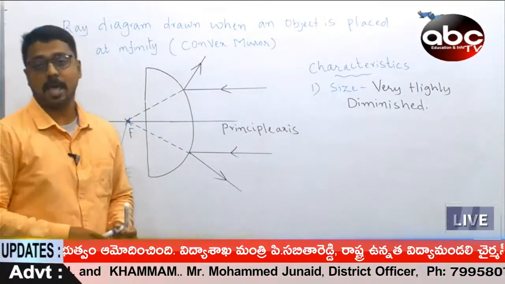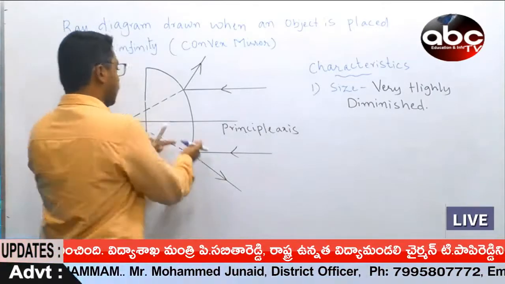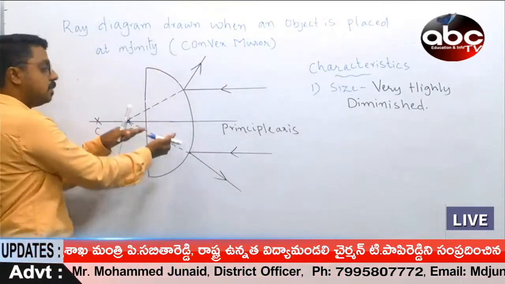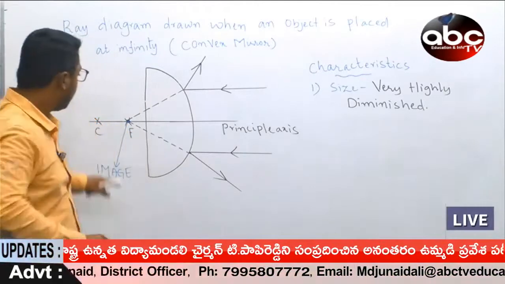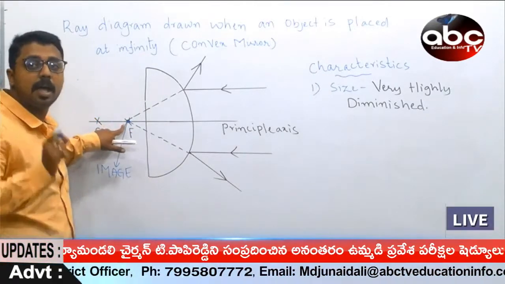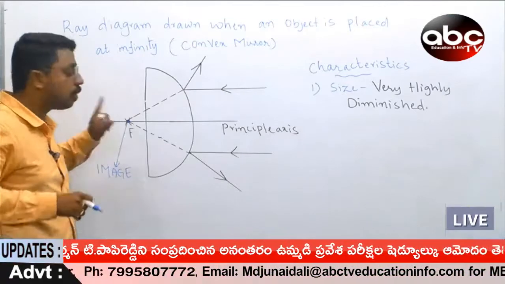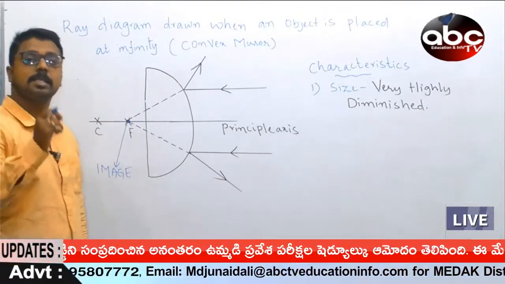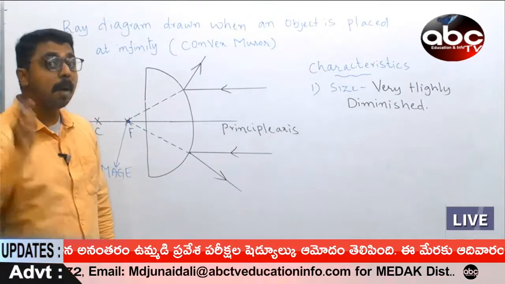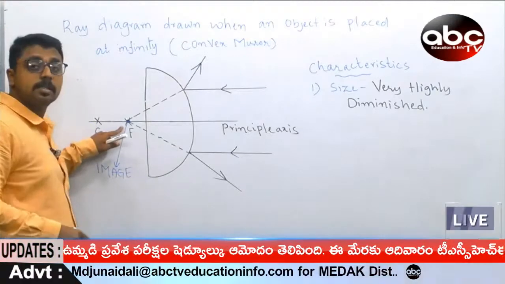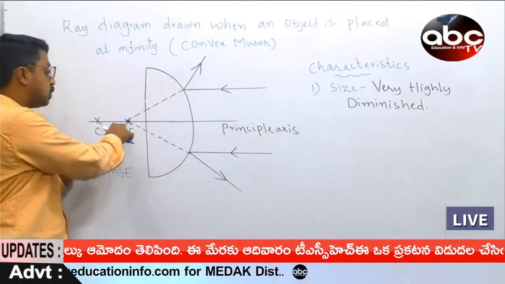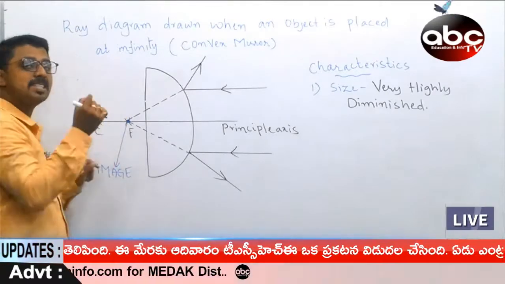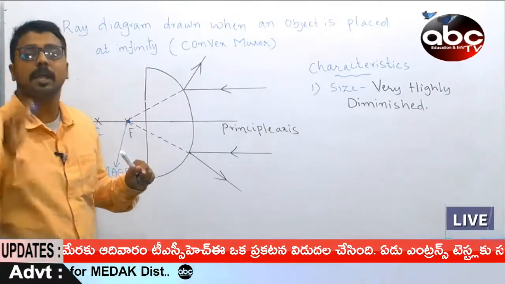Whereas the second characteristic is, is it above the principal axis, below the principal axis? My dear students, listen to this carefully. Actually, this is point 1, which is exactly forming on the focus. But there is a chance of a virtual image here, so that it may be slightly above the principal axis.